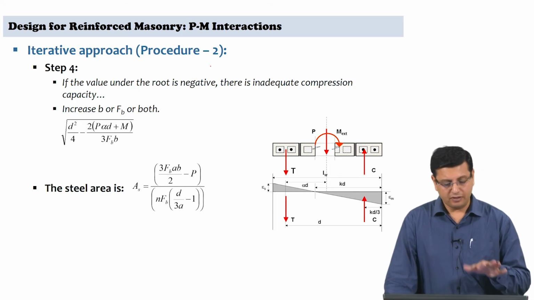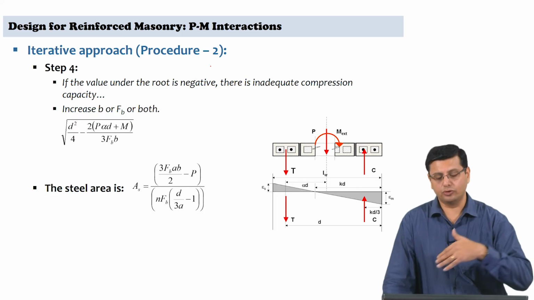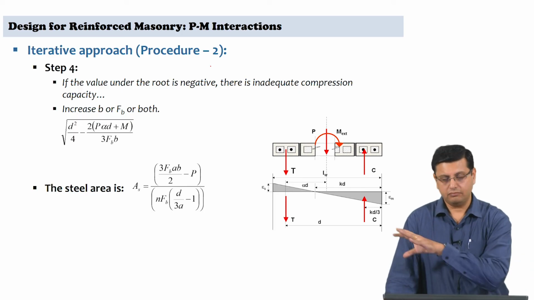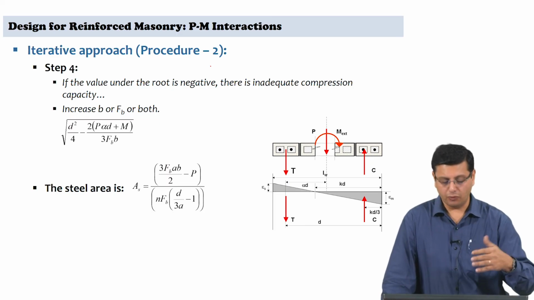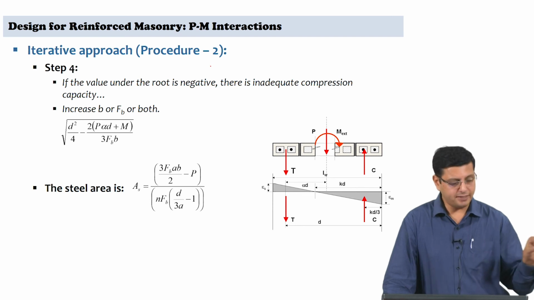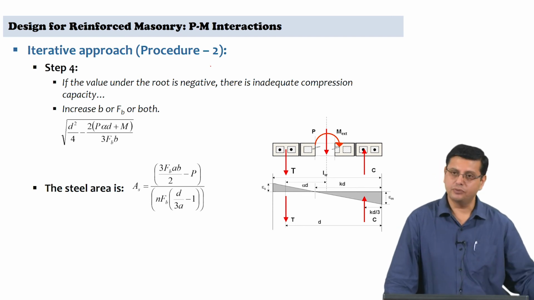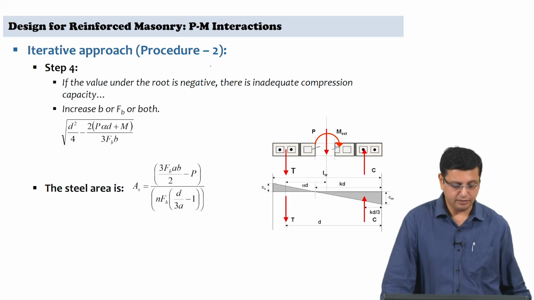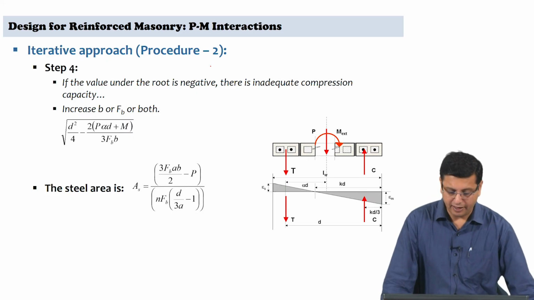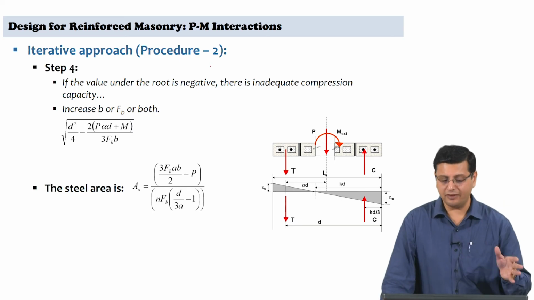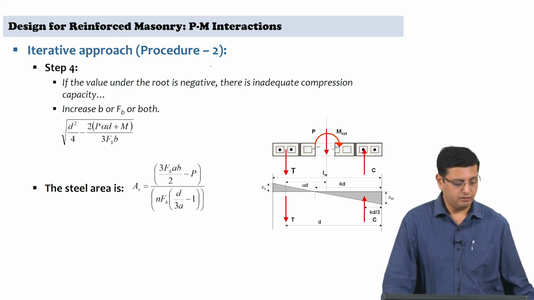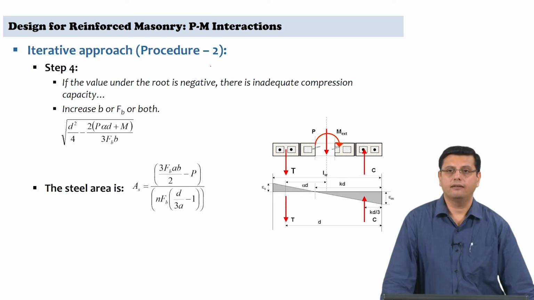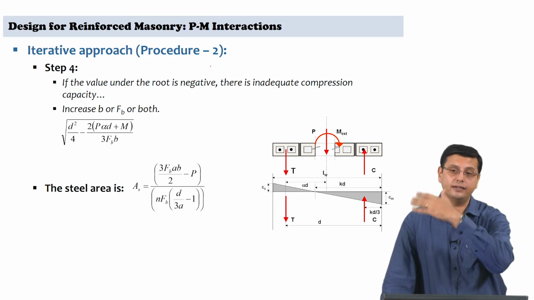So, assignment 3 will basically take you through how these calculations evolve, but also the basic assumptions with which these calculations have been made, but it is iterative and empirical, based on tests that have been conducted on reinforced masonry and an understanding of the distribution of stresses in reinforced masonry wall cross sections, but considering a nonlinear PM interaction.